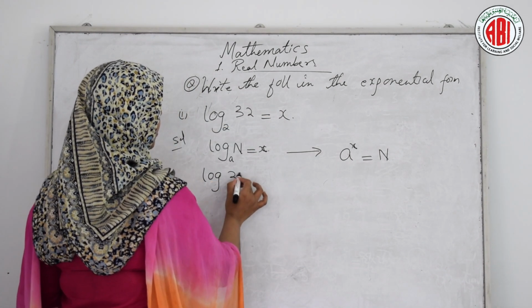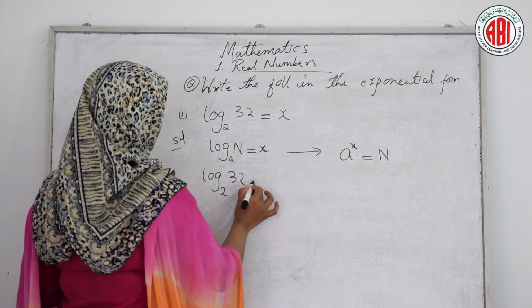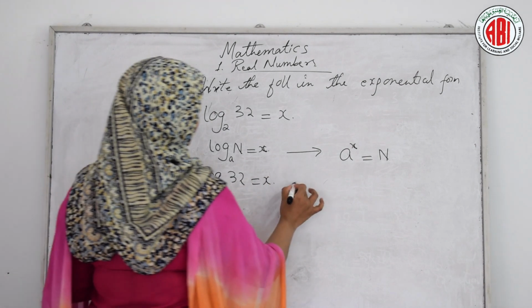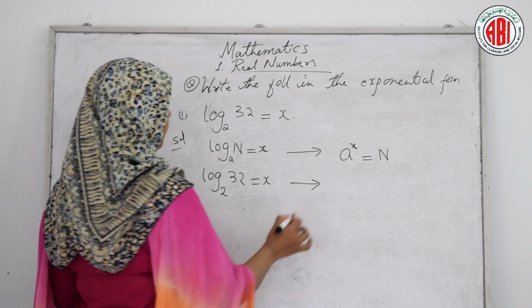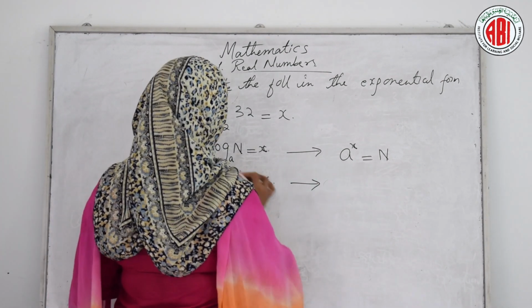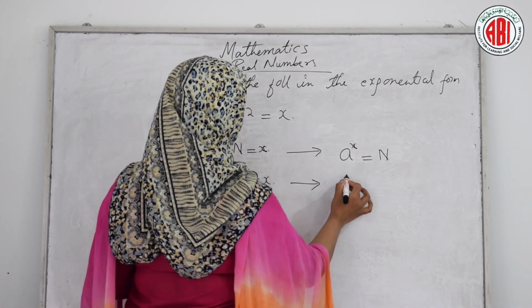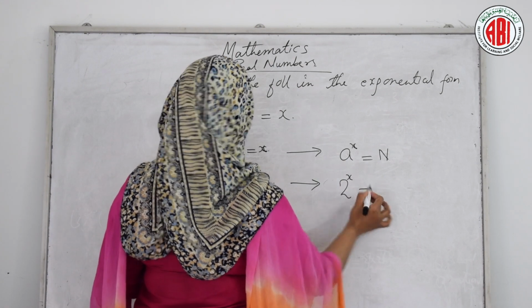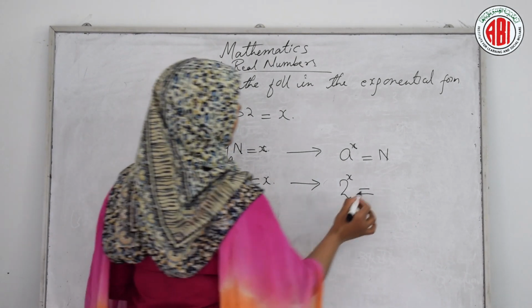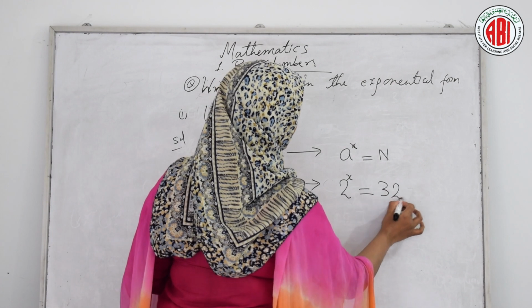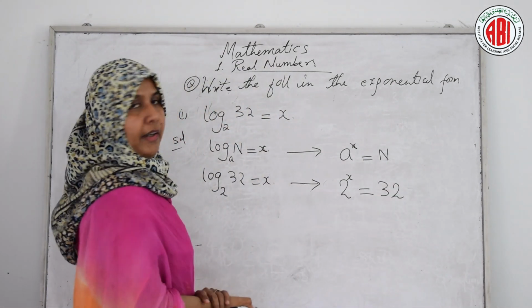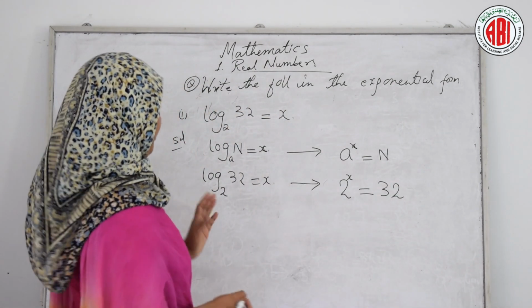Now what is the question? Log of 32 base 2 is equal to x, that we can convert in the form: a is 2, so 2 to the power x is equal to n. What is n? 32. 2 to the power x is equal to 32.